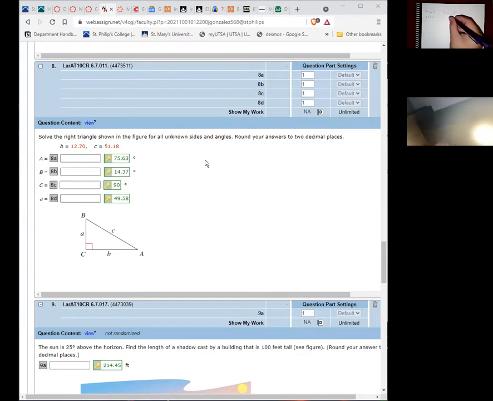Okay. Hold on a second, it's going to bug me. A, b is 17.6. C is 53.18. Trying to be alphabetical, not that it matters.